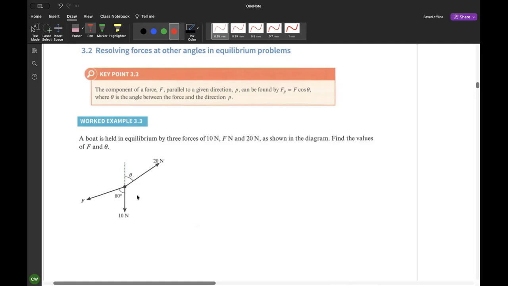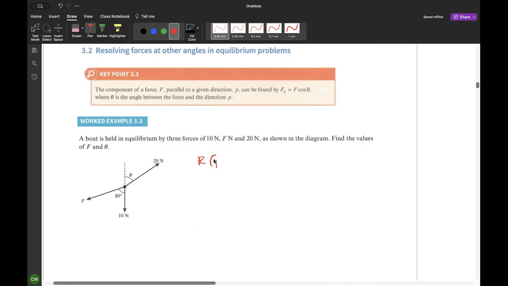Okay, so it depends on where you want to resolve the force. If you just resolve normally, can we get the answer?